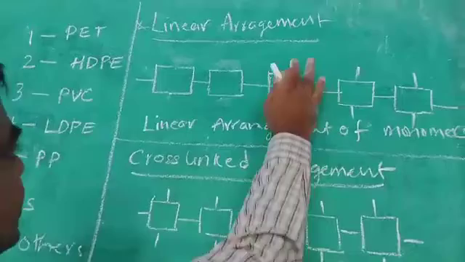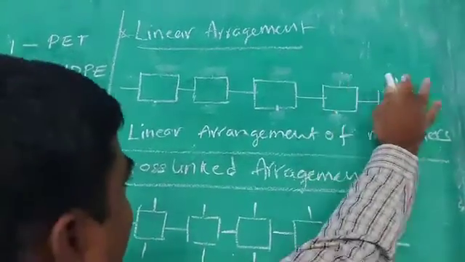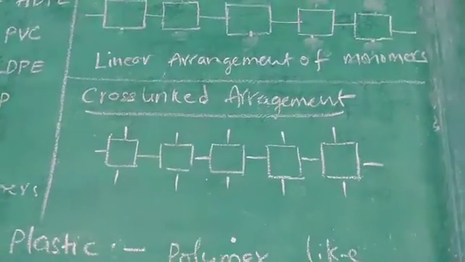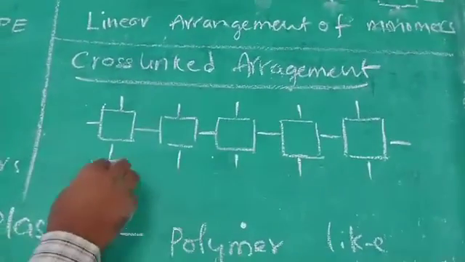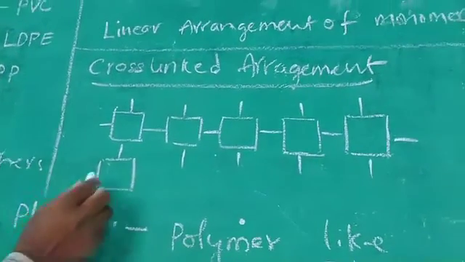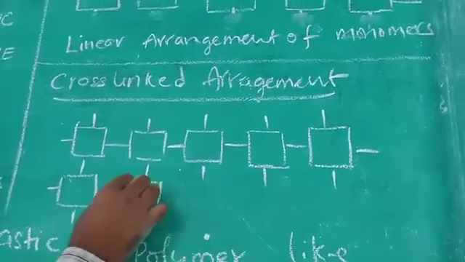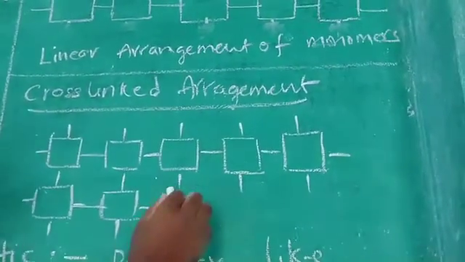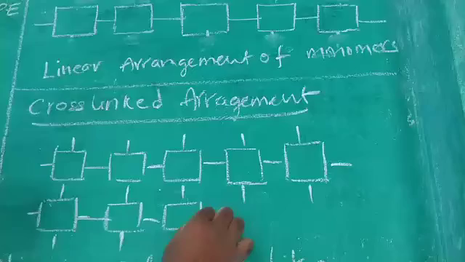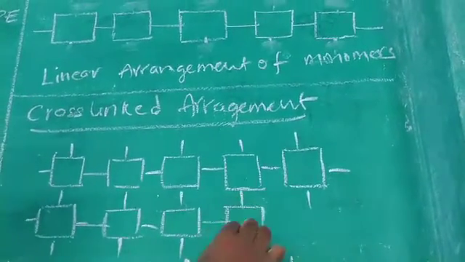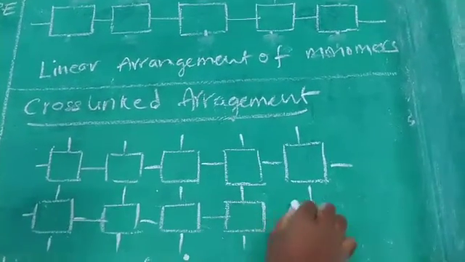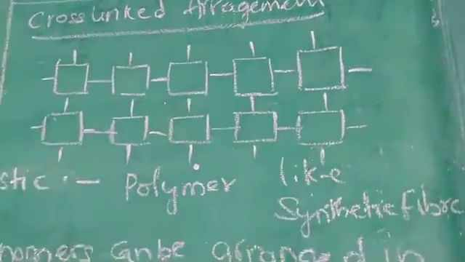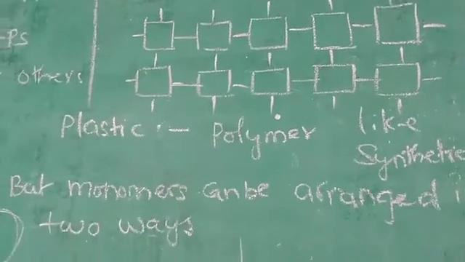The monomers are in a straight link. Now the cross-linked arrangement, see here. These are the cross-linked arrangement of these polymers.